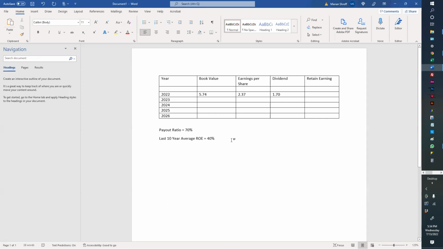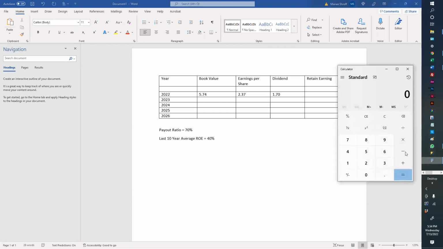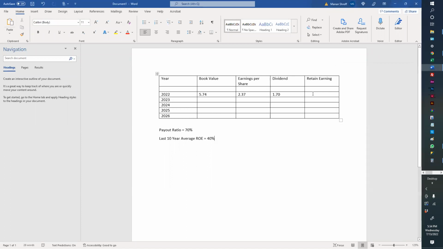Now, because Coca-Cola gave you back $1.70, it is left with 67 cents. So out of $2.37, 67 cents it is adding to its equity base.